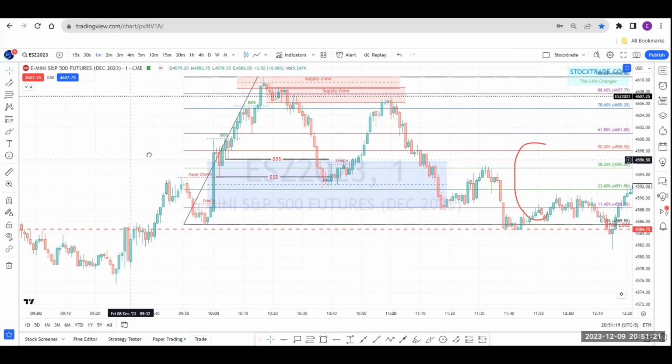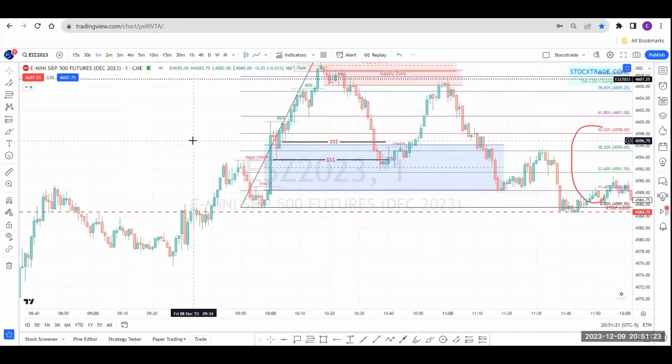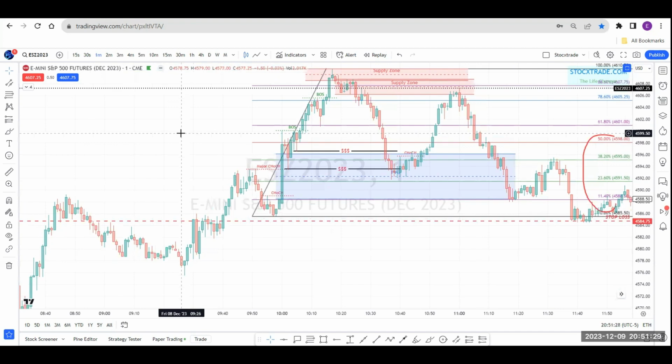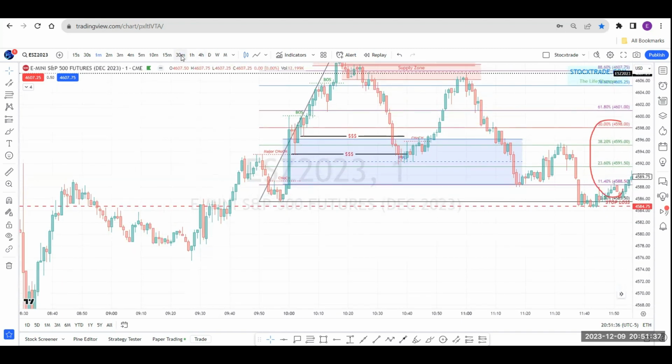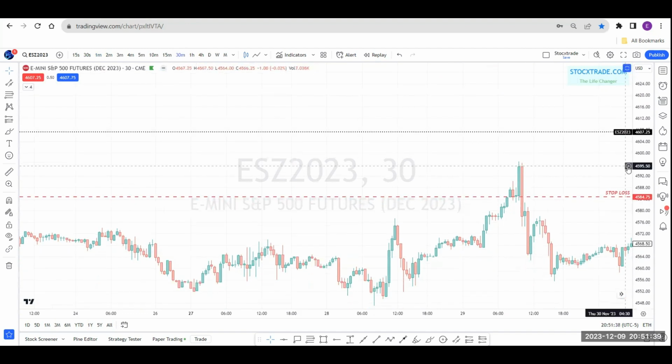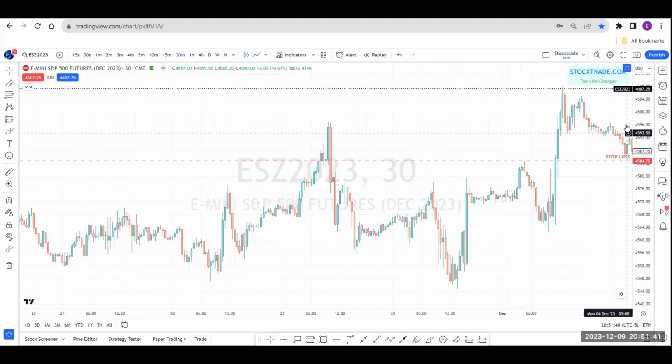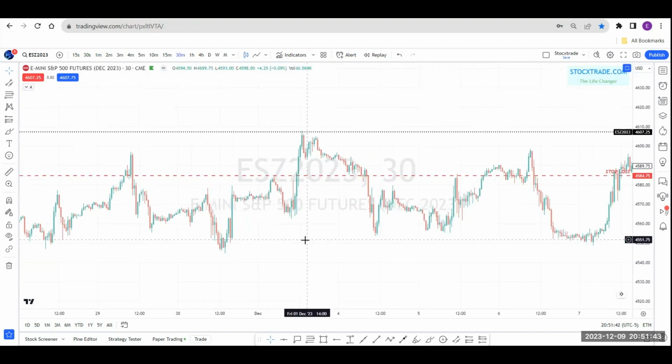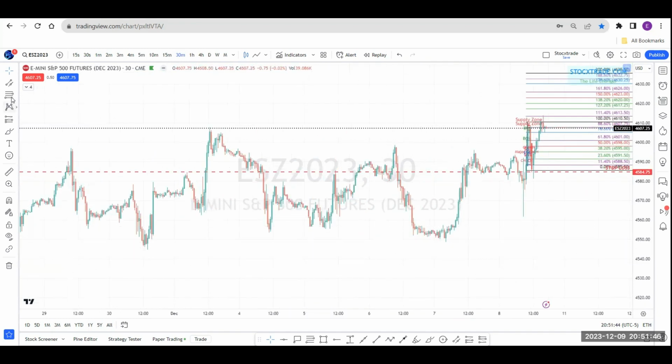Your higher time frames, your 4 hour and your daily, are bullish. You see more green candles, more impulsive moves in the bullish direction. Even in the 30 minutes, we are not breaking the previous structure.